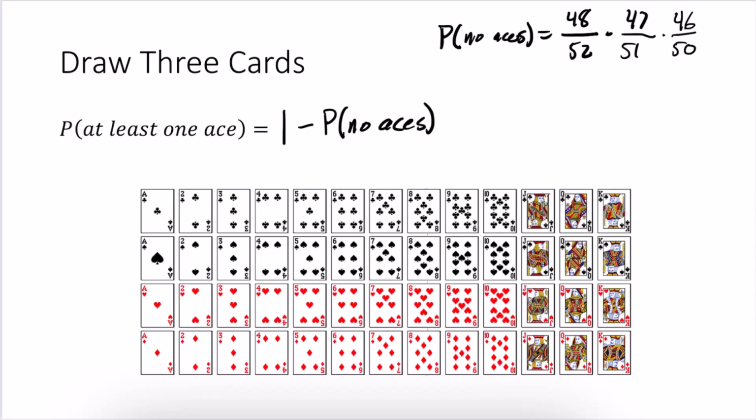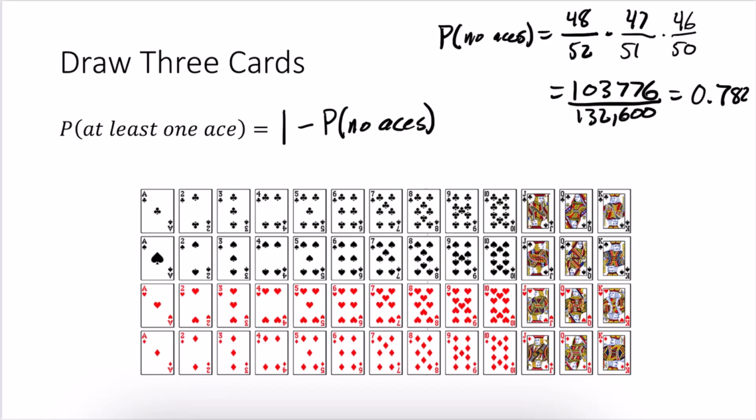When I multiply 48 times 47 times 46, I end up with the number 103,776. And when I do 52 times 51 times 50, I get 132,600. And when I divide those two numbers, 103,776 divided by 132,600, that gives me the decimal 0.782, etc. I'll just leave it like that though.